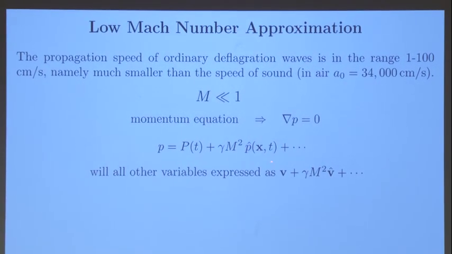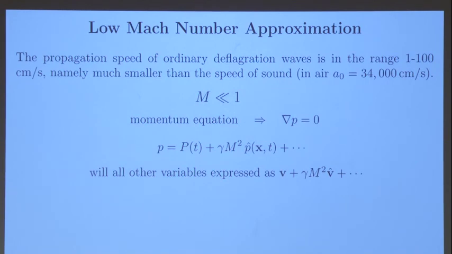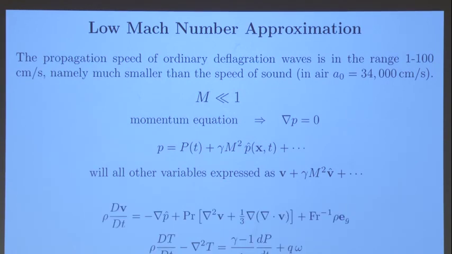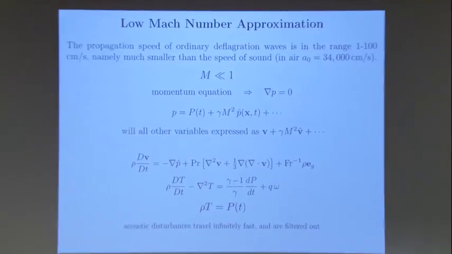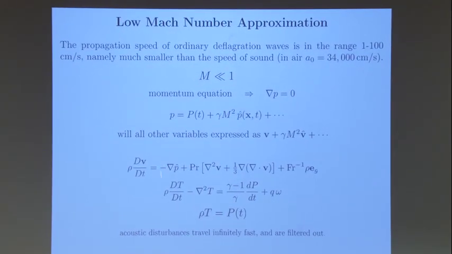And when you substitute this into the momentum equation, then the only contribution to the pressure is the P hat. Now you see the gamma Mach number squared cancel. And so you have the small change in pressure that equilibrates the small change in momentum. Momentum is small because the velocities are small. And so this is the momentum equation that results.